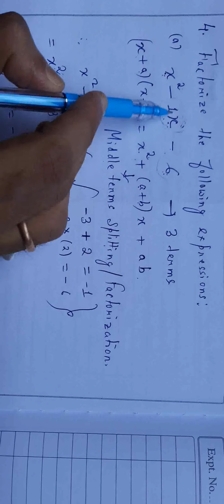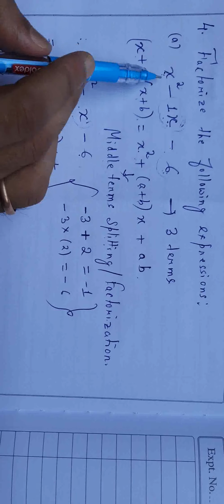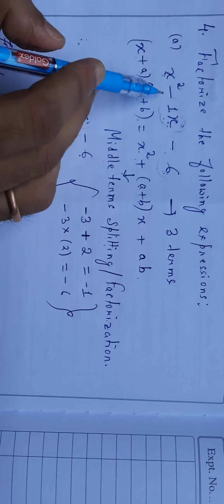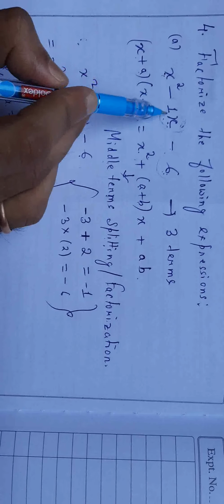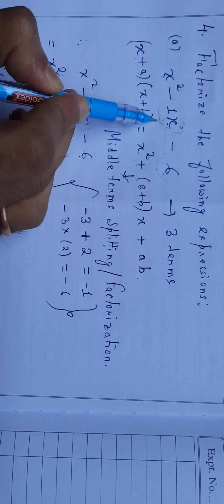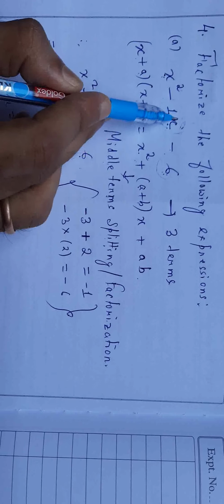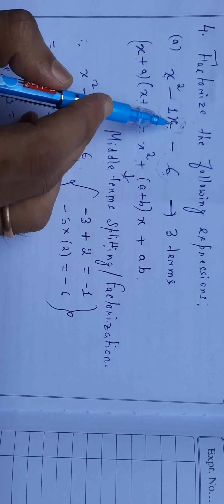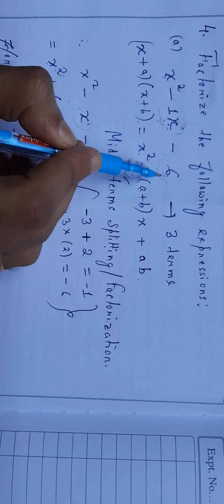Now let us see one more time this method, which is called middle term splitting or factorization. X square minus x minus 6. Since it is called middle term splitting, we'll split the middlemost term in such a manner that when you add the two numbers, they give the middle term, and if we multiply them, we should get the third term.